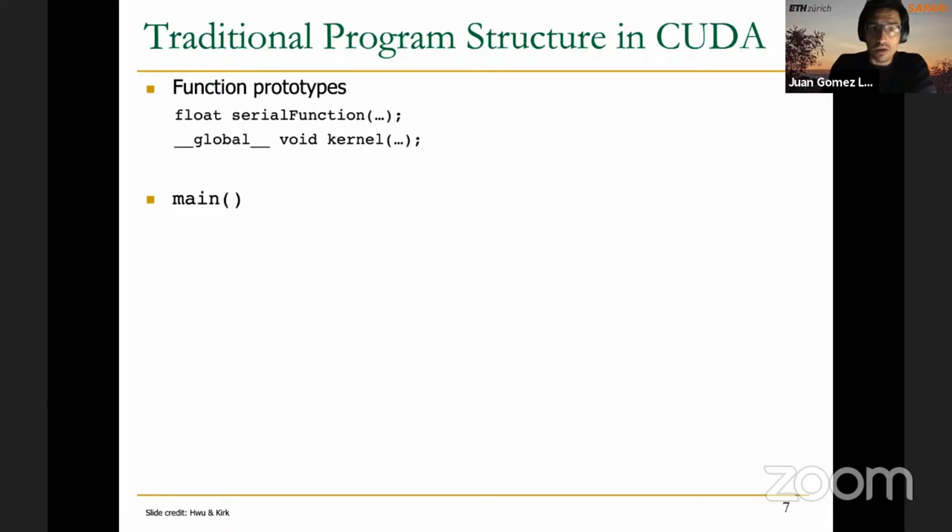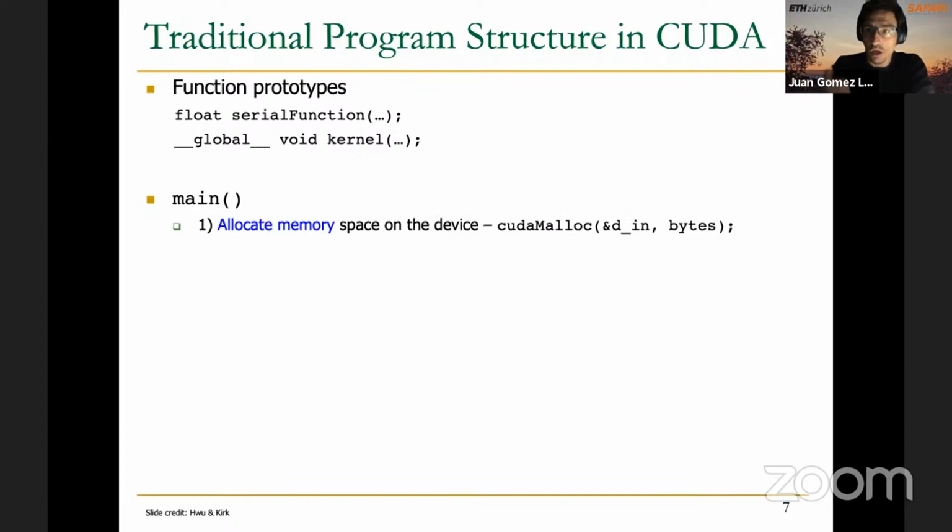And in the main function of our program, recall this runs on the host side, we first allocate memory using cudaMalloc, with a very similar syntax to malloc in C. We have here the pointer to the specific memory area in the GPU memory and the number of bytes that we allocate.